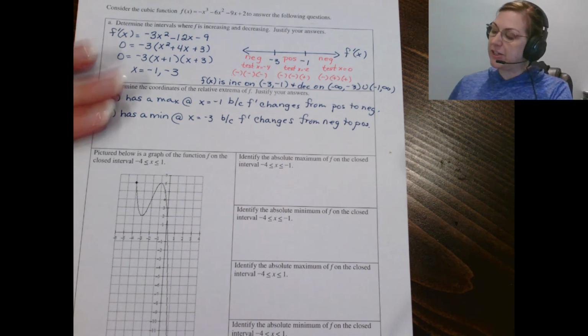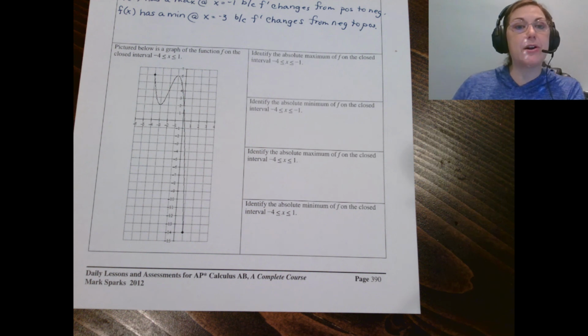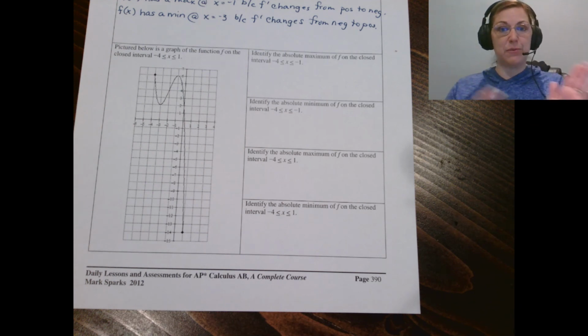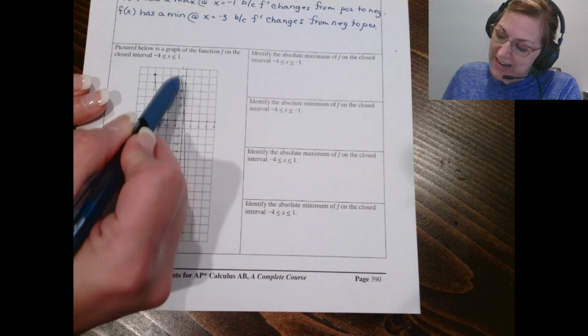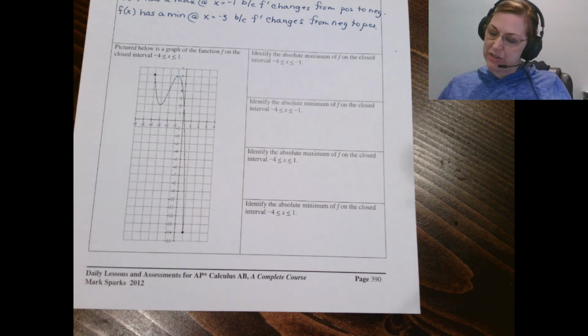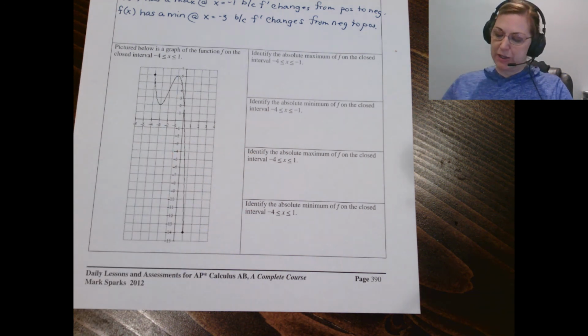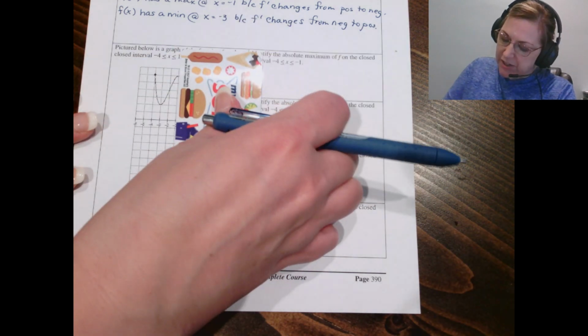Okay, let's finish up with this graph here. We're being given a function on this closed interval. So where would the absolute maximum be here on the interval from -4 to -1 here? So we're going to have to close our picture in. We're just looking at this section of the graph here.